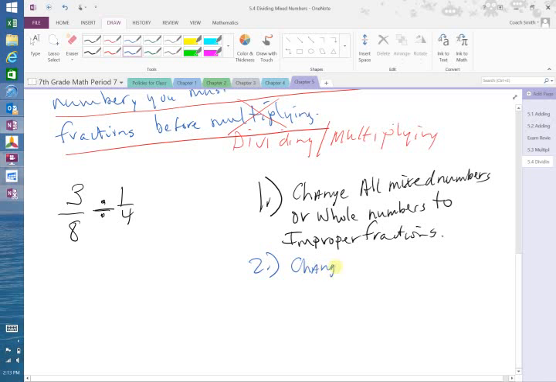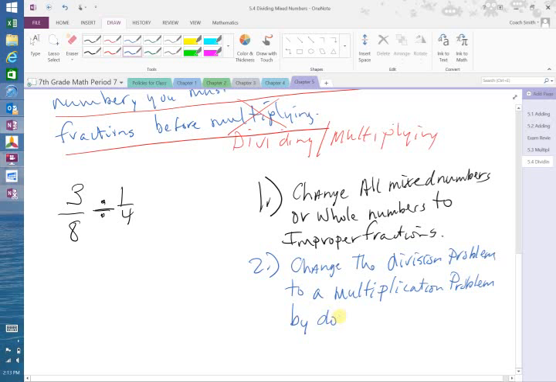Change the division problem to a multiplication problem by doing the reciprocal of the divisor, the second number.